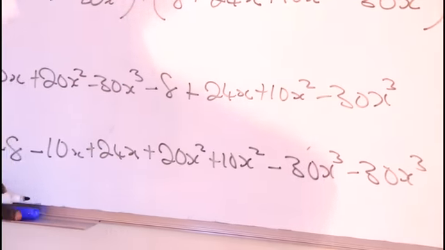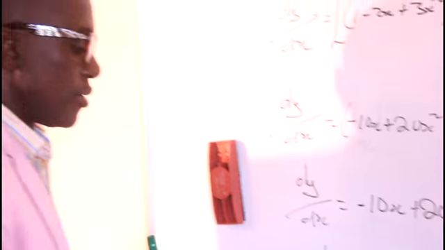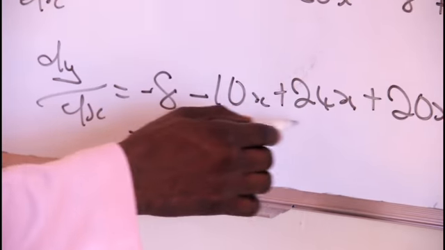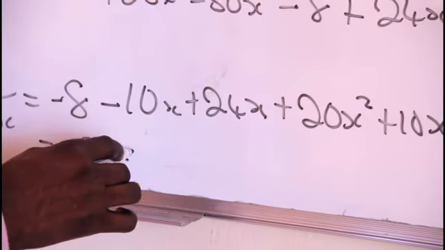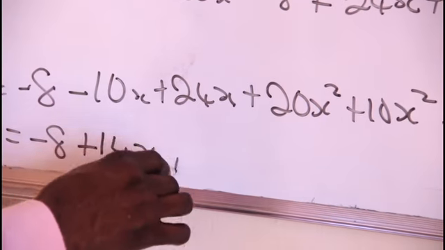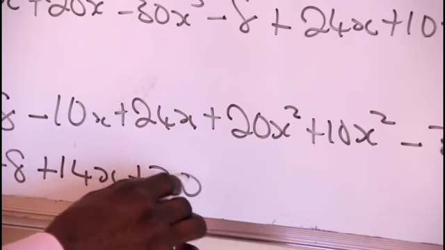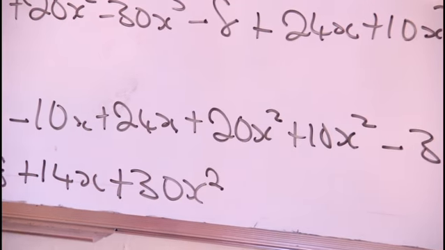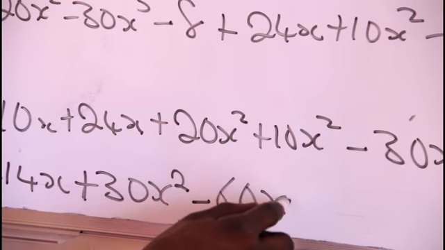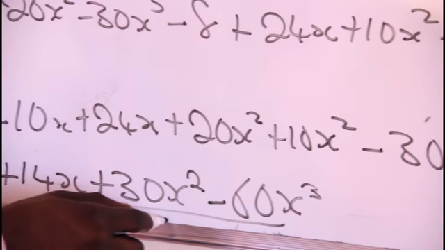So with this now, we have minus 8, then this will give us plus 14x, then plus 30x squared and minus 60x cubed. This is our derivative.